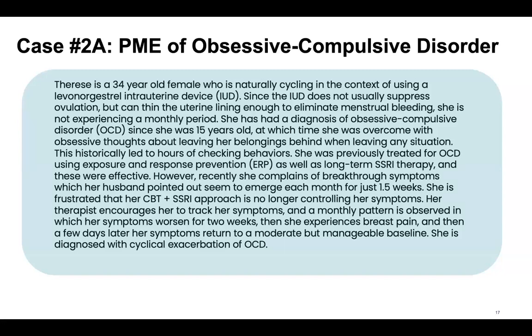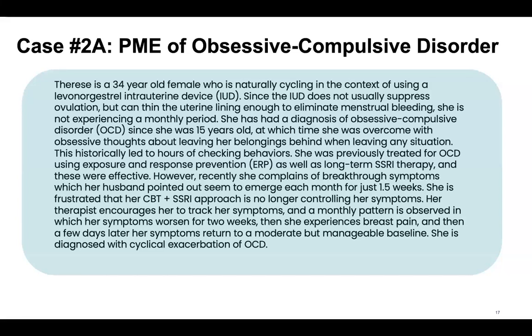She has had a diagnosis of obsessive compulsive disorder, OCD, since she was 15 years old, at which time she was overcome with obsessive thoughts about leaving her belongings behind when she would leave any situation or place. So this historically led to hours of checking behaviors for Therese.